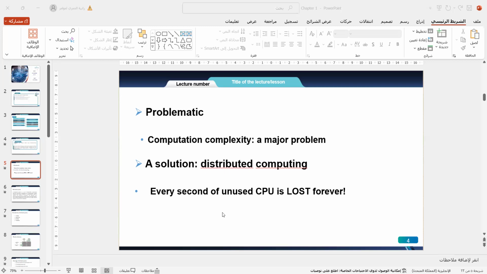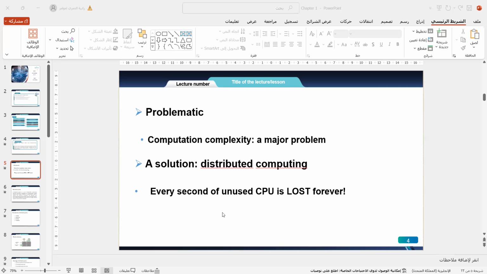Examples of specific grid protocols include the Open Grid Services Architecture, OGSA, and the sample grid protocol.